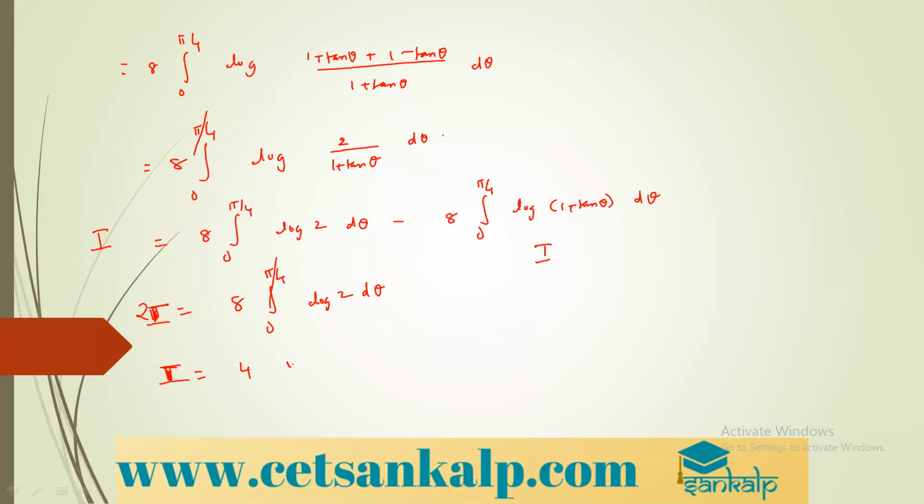The integral will give you log 2 into theta, in which you will be plugging 0 to pi by 4. 0 anyways gives you 0. So when you put pi by 4, you will have pi log 2. That will be the answer.